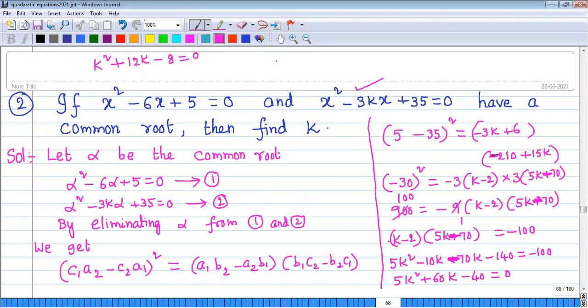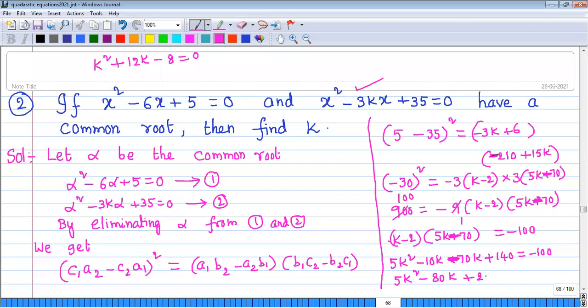Okay. 1 minute. 5k square minus 80k. Now this one how much? This is plus 140. Plus 140.